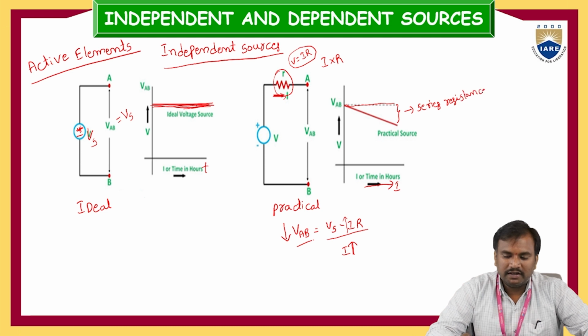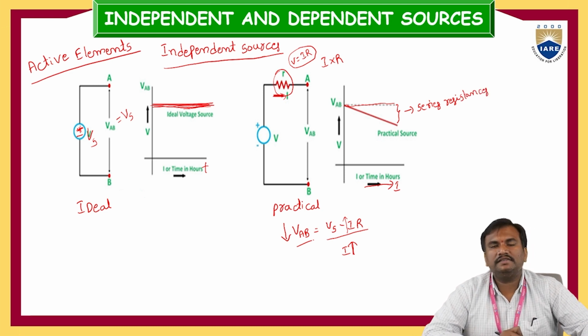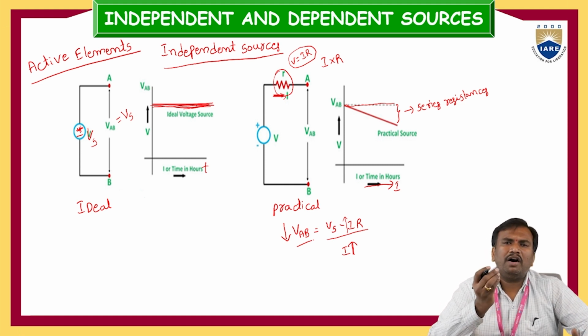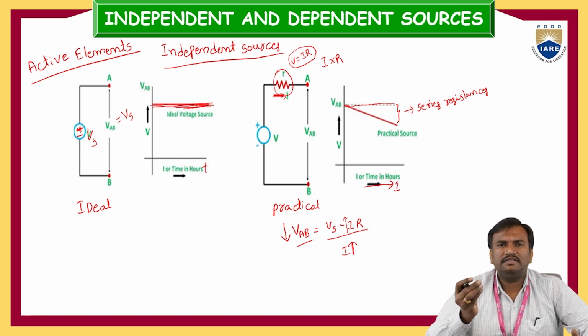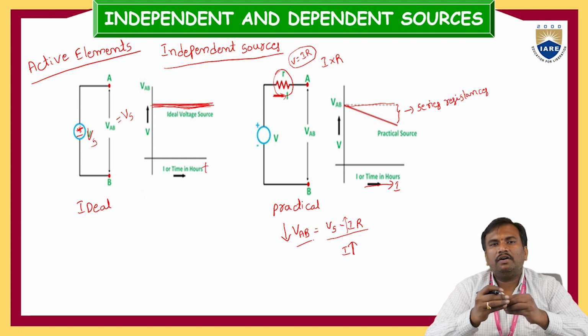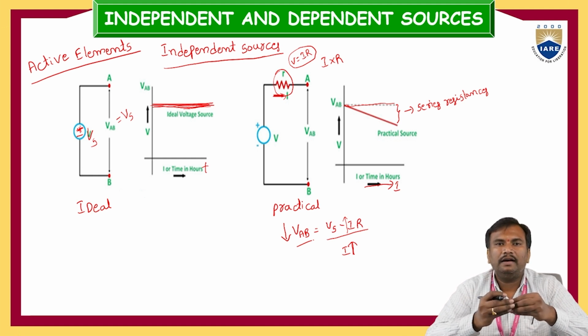Whenever we take any voltage source, it will have a small amount of resistance that will reduce some voltage, a small voltage only, because of the resistance of the conductive material or other elements connected to the source.